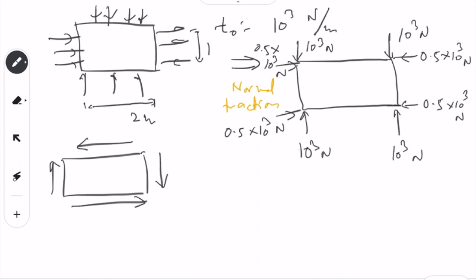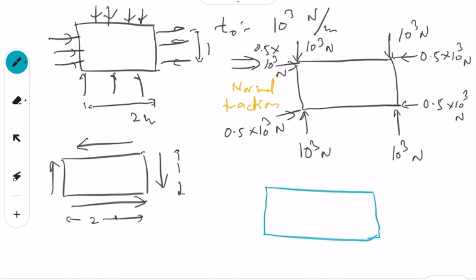So this one is 2, we know this one is 1, from here to here. Intensity of this remains the same, 10 to power 3 Newton. So let's draw it here like this one.